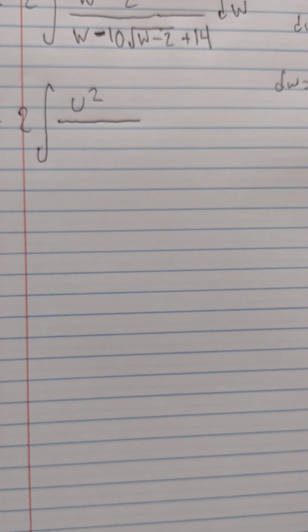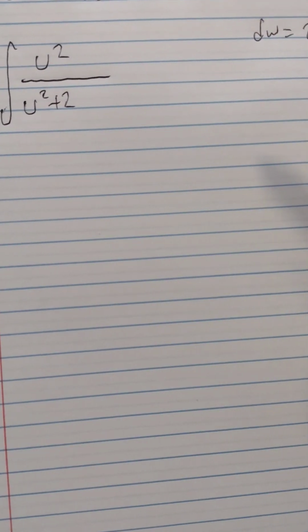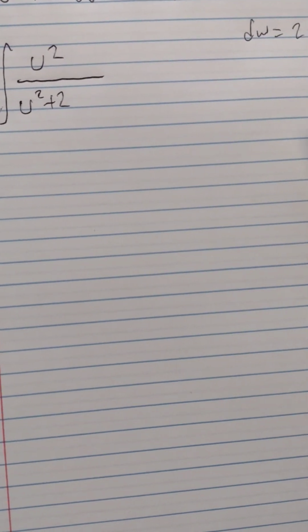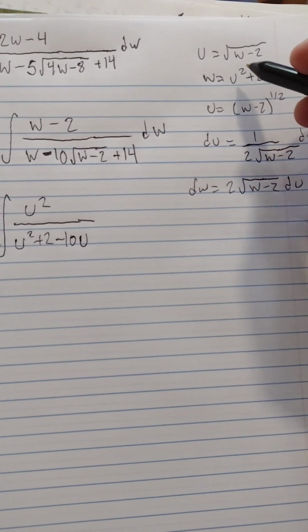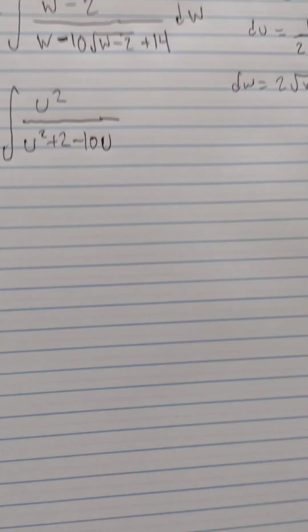What we're going to do is plug in the w, so that's going to be u squared plus 2 minus 10u. So we said there that u is square root of w minus 2, plus 14.